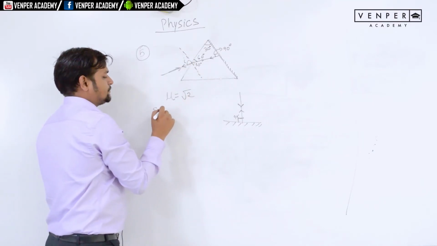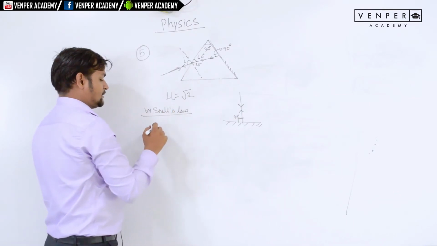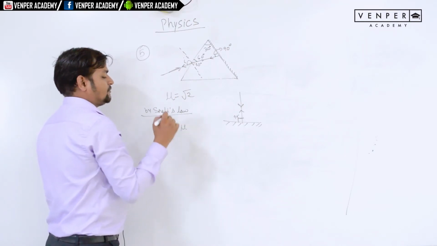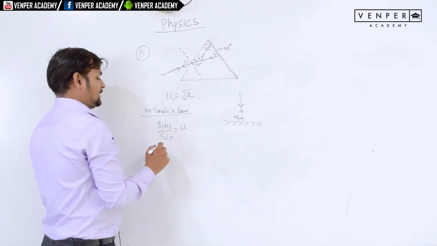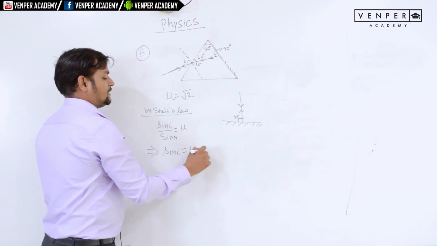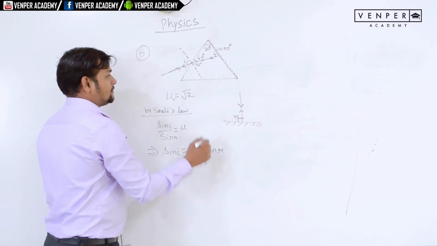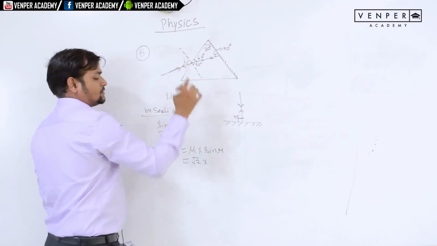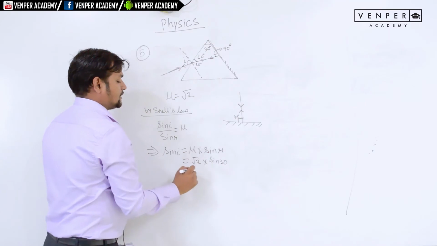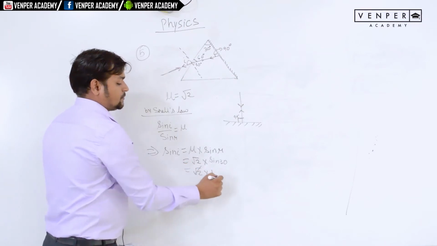So use Snell's law. By Snell's law, sin I upon sin R is equal to the refractive index of the prism. So sin I is equal to refractive index into sin R. Mu is given as √2 into sin R. This is your R, so sin R is sin 30 degree, which is 1 by 2.